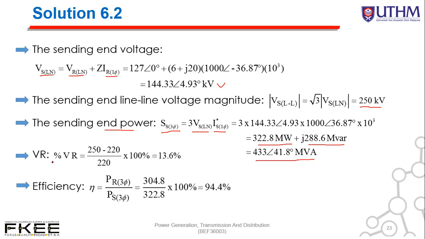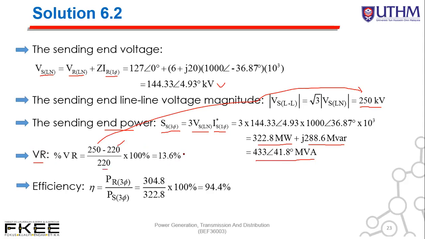So we can calculate the voltage regulation. That is the voltage at no load, this value 250 kilovolt, minus 220 kilovolt, which is the voltage at full load, divided by 220 kilovolt, the voltage at full load.